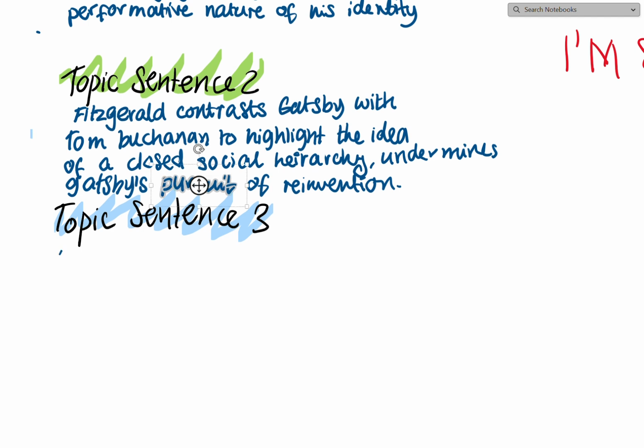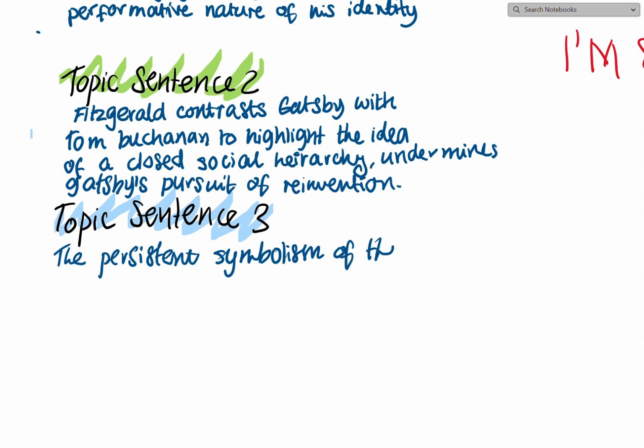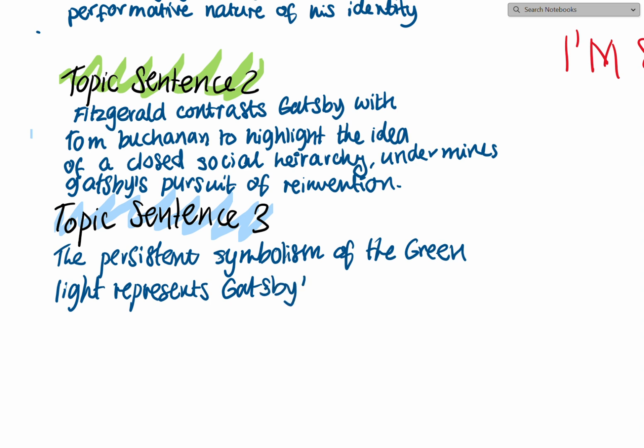So we could talk about the persistent symbolism, the green light, represents Gatsby's unreachable dream. And you could literally just stop there.